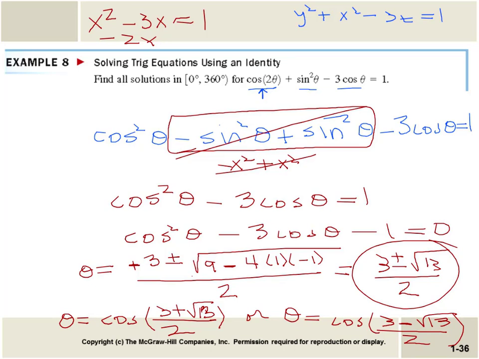You put this into your calculator. Sorry, actually inverse, not cosine, inverse cosine. My bad, that's my fault. Because cosine theta equals those two things, so inverse cosine in degrees.